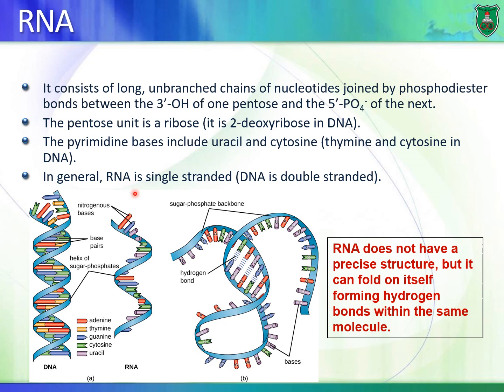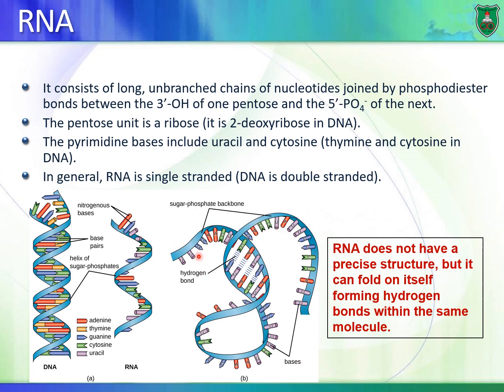Now, usually in our cells, RNA is a single-stranded molecule. DNA is double-stranded. There are always exceptions, all the time. The thing about DNA is that it has a specific double helical structure, but RNA does not. It's a single strand, and it can form different structures.